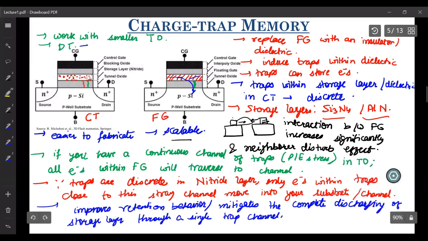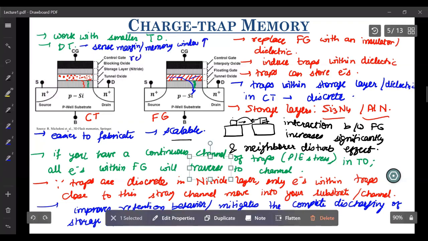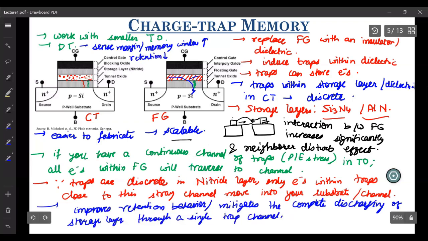And when your tunneling efficiency improves because of direct tunneling, your sense margin, or memory window, increases. But at the same time, your retention will also reduce, right? Because when you have a very thin insulator, the probability of back tunneling also increases, right?